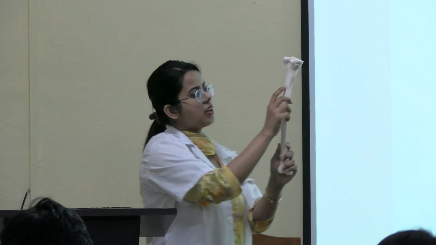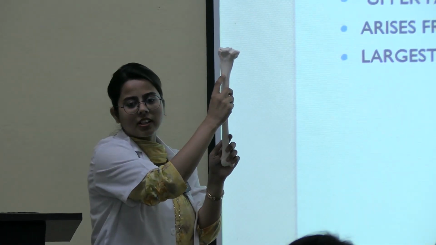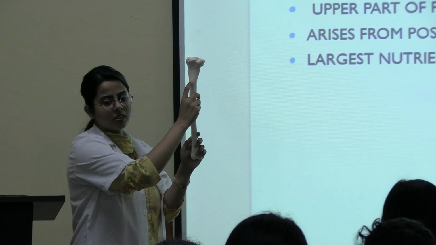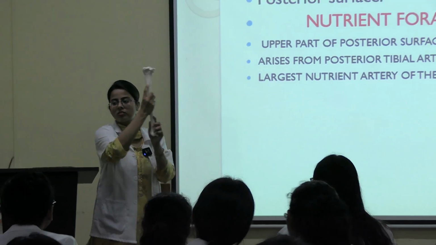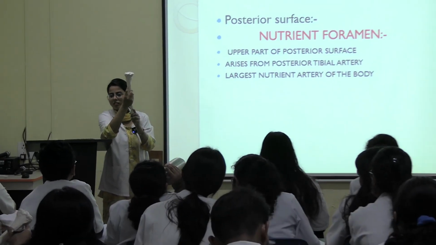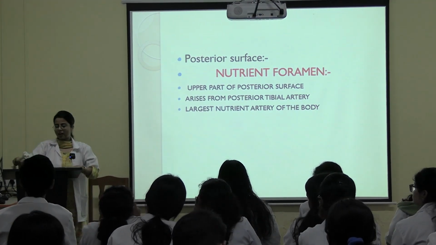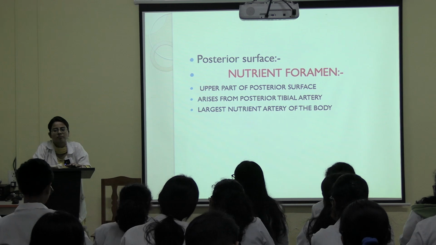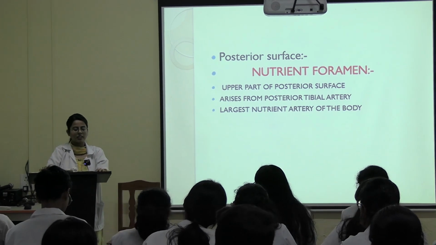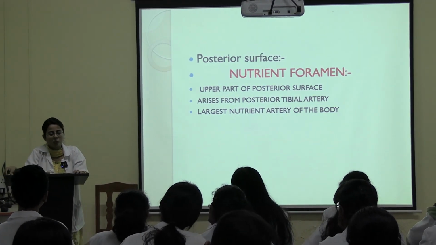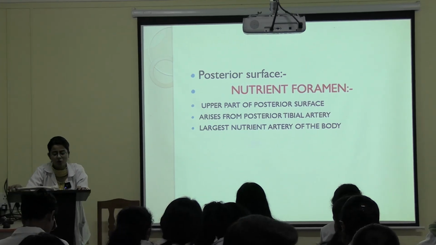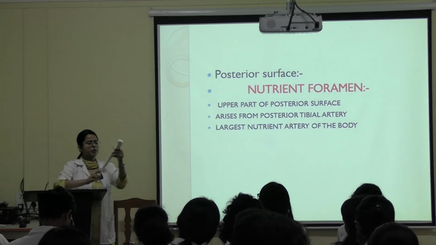Now you can see some foramen-like structure here. Okay, this is the nutrient foramen. So blood supply of long bone is done through it. Do you know what is the nutrient artery, what is the nutrient foramen?